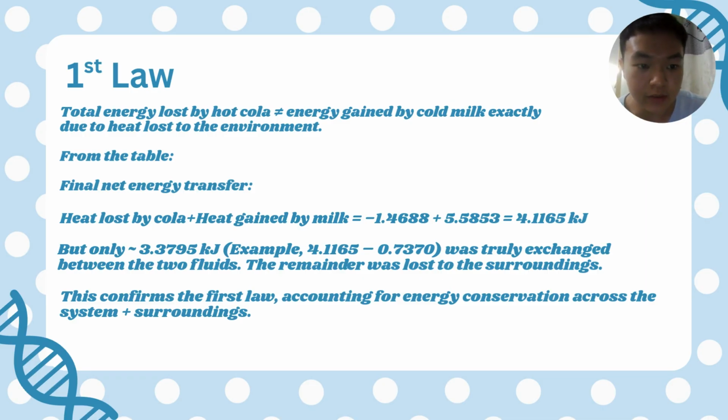But only 3.3795 kilojoules, which is 4.1165 minus 0.7370, was truly exchanged between the two fluids. Thus the remainder was lost to the surroundings. This confirms the first law, accounting for energy conservation across the system plus surroundings.